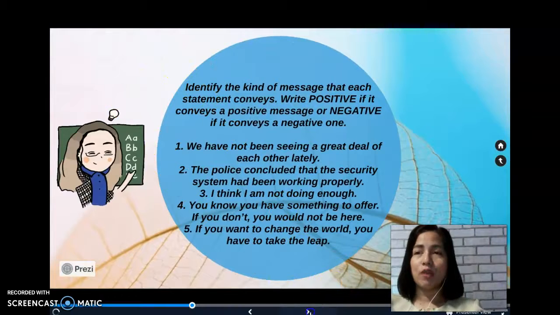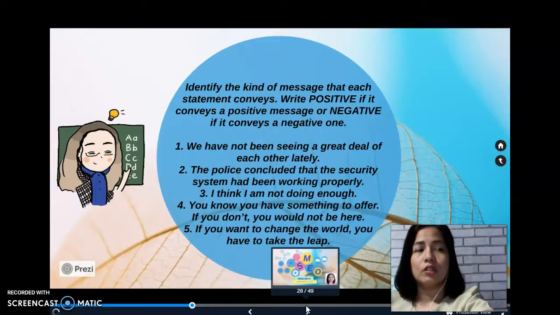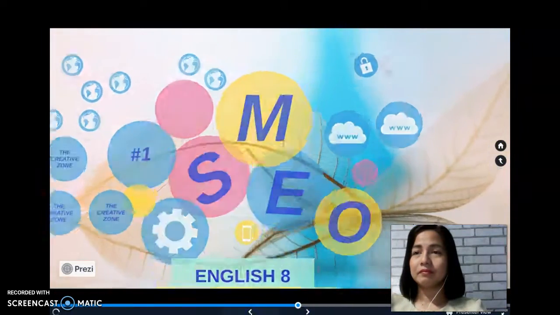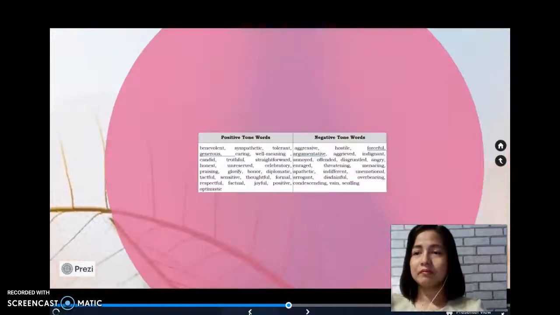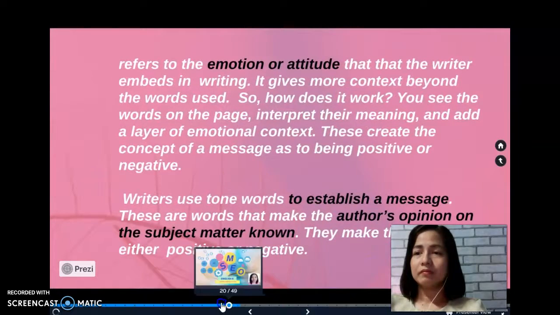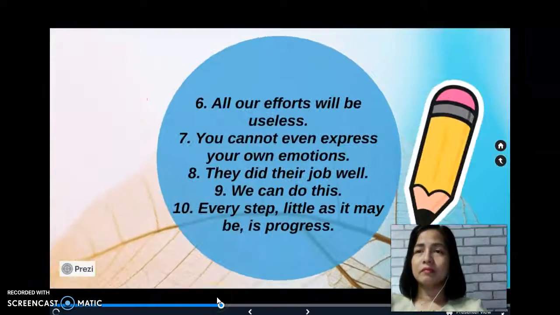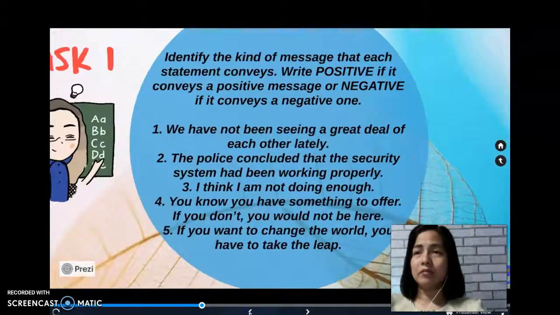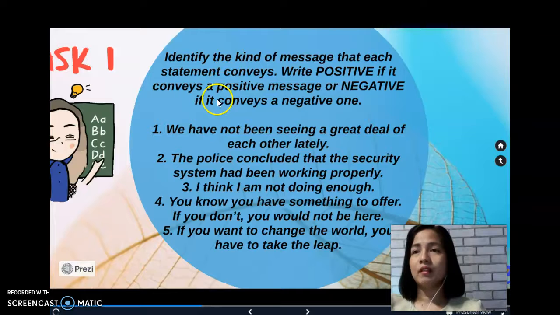For your learning task 1, on page 35, you will have 10 items. Write positive if it conveys a positive message or negative if it conveys a negative one.